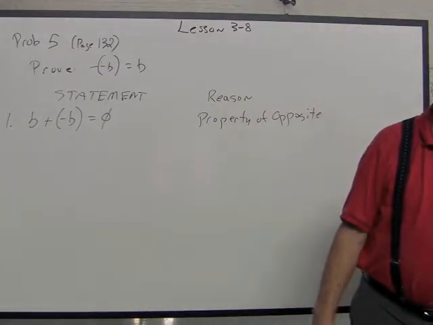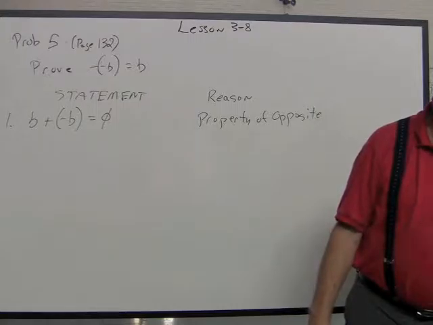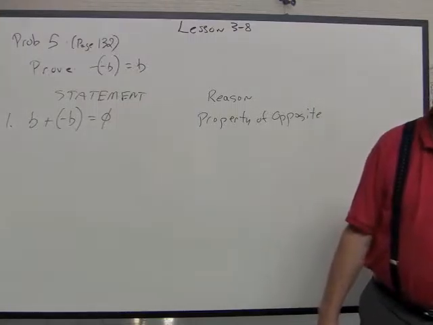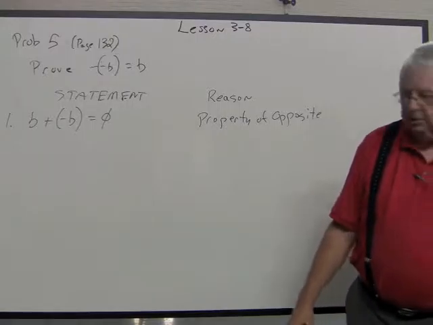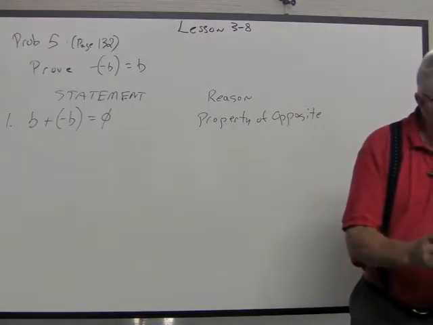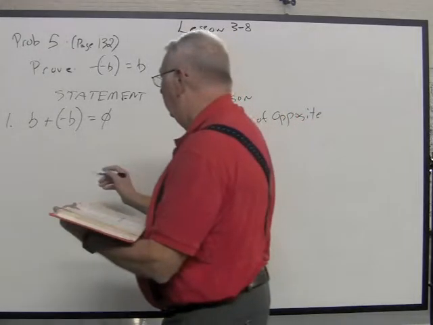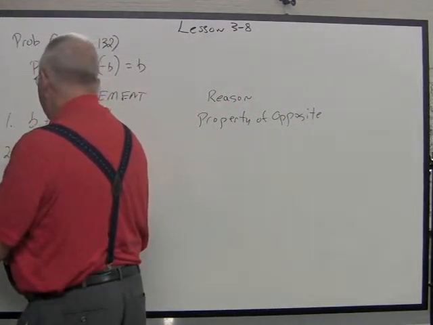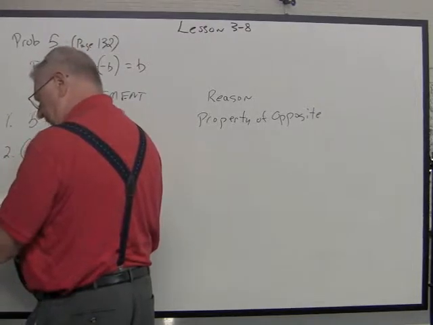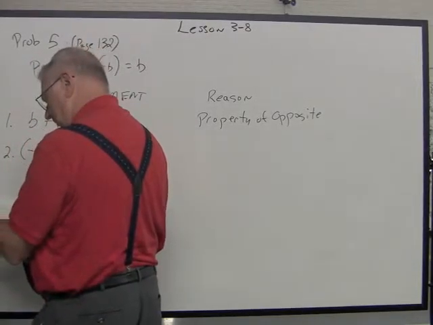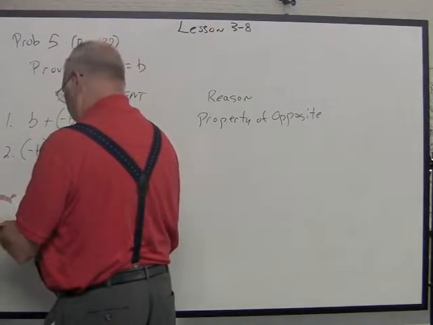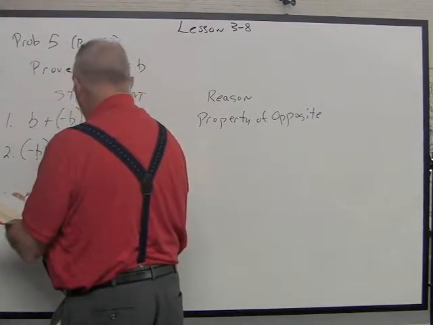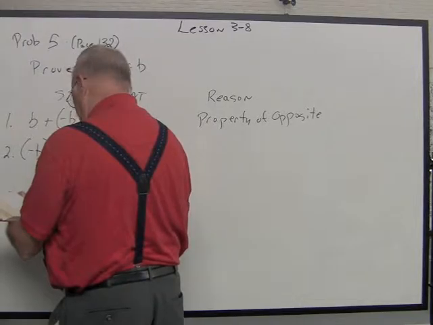Now let's look at the next step that they have us go through in this proof. They start out here with a minus b added to, now follow what they're doing here, equals 0.